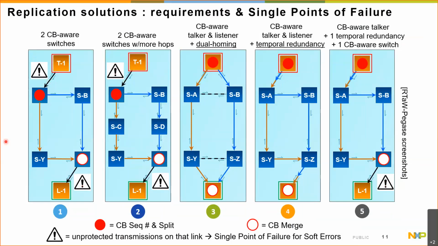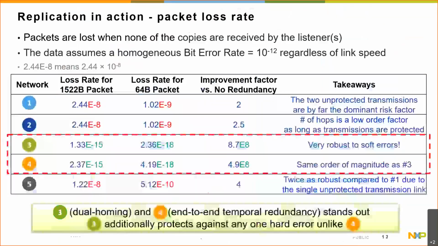Now, with this information in mind, let's see how efficient these solutions are in terms of packet loss rates. First, what we define as a packet loss is the situation where none of the copies of a packet are received by the listeners. The results shown here hold under the assumption that the BER is 10 to the -12.